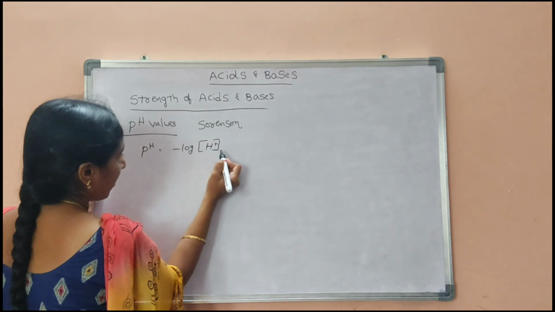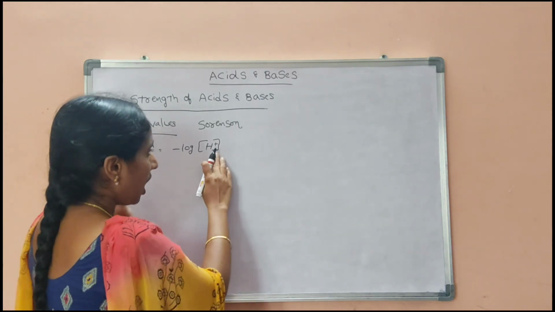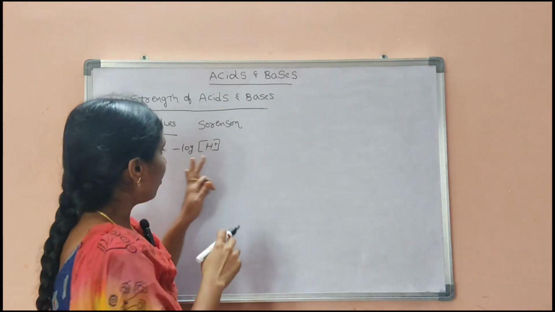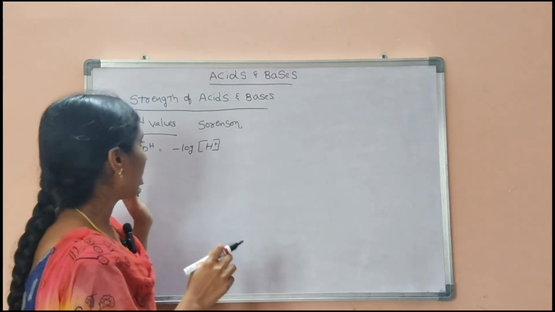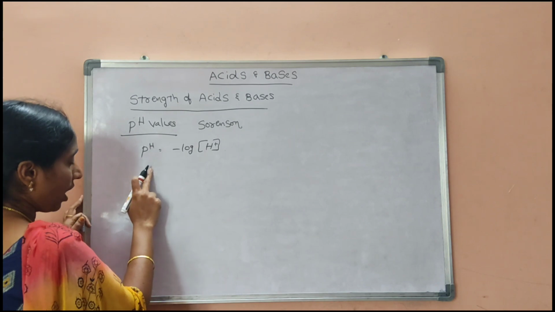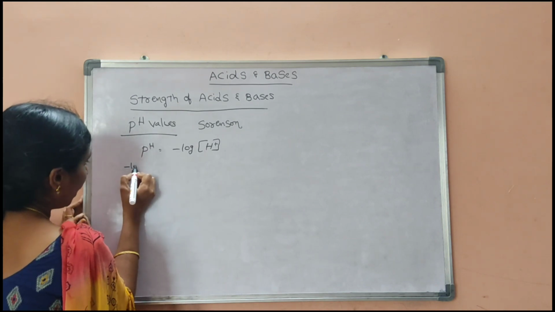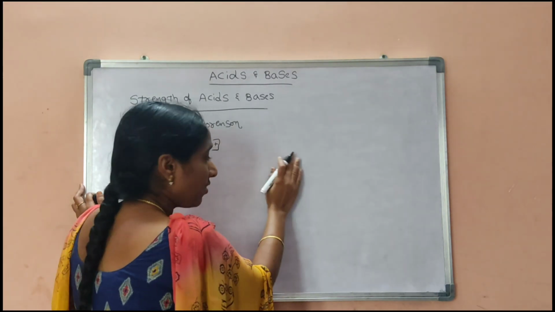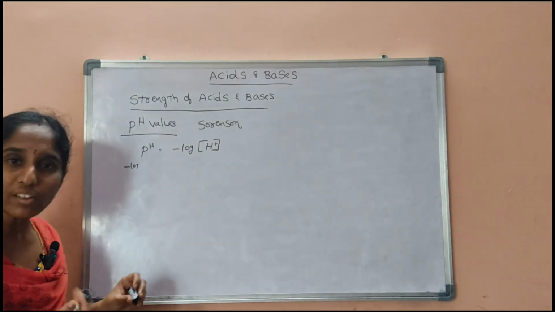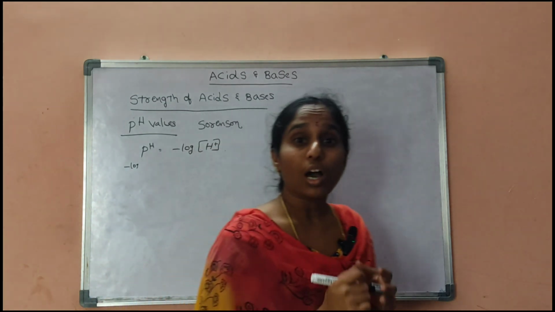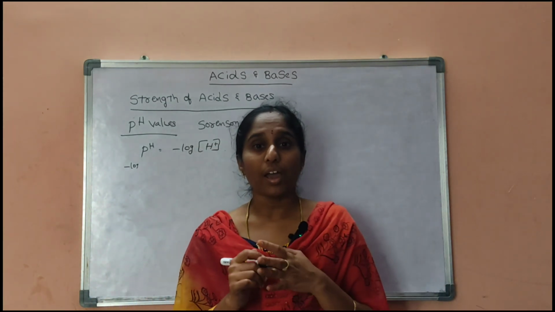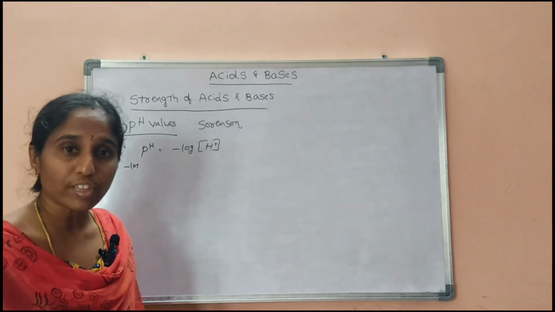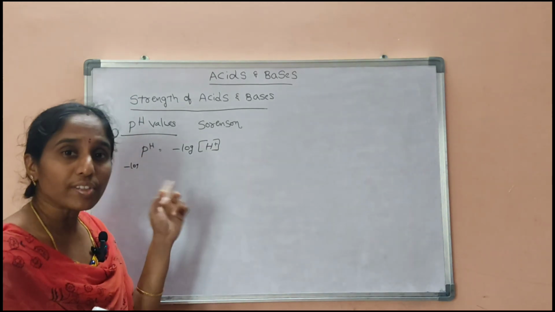Here brackets indicate the concentration of hydrogen ion. H plus means hydrogen ion. pH is defined as the negative logarithm of hydrogen ion concentration. What is pH? Negative logarithm of hydrogen ion concentration is called pH. pH was introduced by Sorensen.